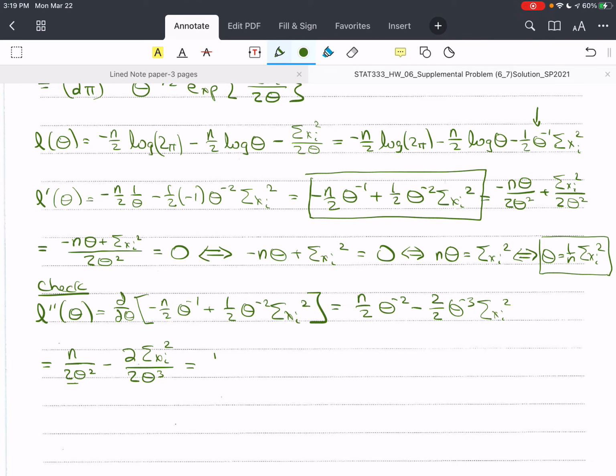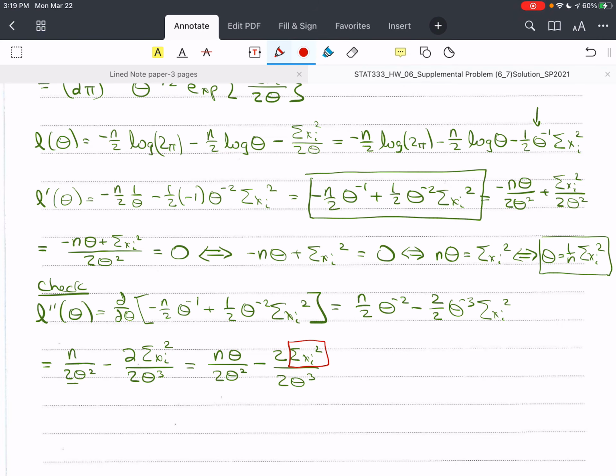So this is going to be n θ over 2 θ squared minus 2 sum of xi squared over 2 θ cubed.